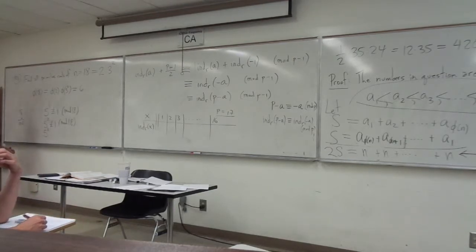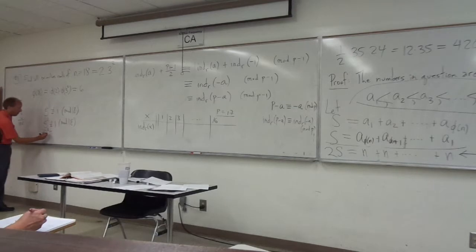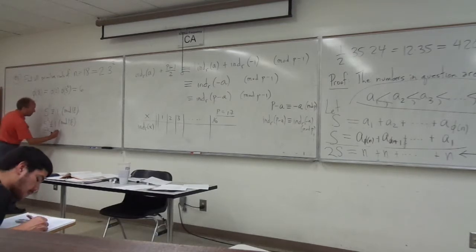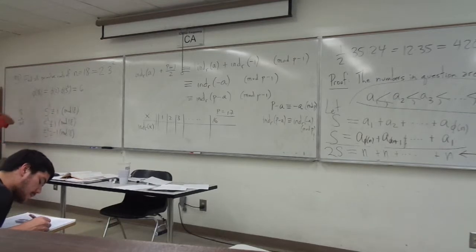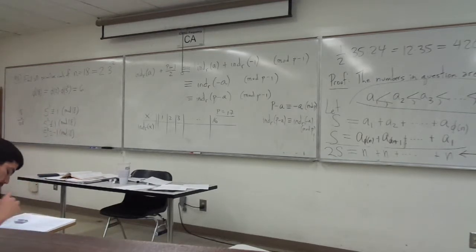So 5 cubed is 17. 5 cubed is 17, which is negative 1 mod 18. So the order is not 1, 2, or 3. Okay, so it has to be 6. So it is a primitive root.